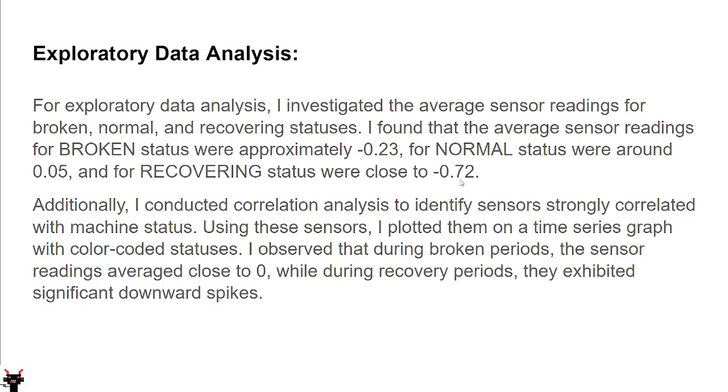So when I look at the broken, when I think about these averages, negative 0.2, it will be close to 0, like at the median mark, 0. And then instantly it would go to recovering, dropping the values even more down. But then we'll average out on normal.